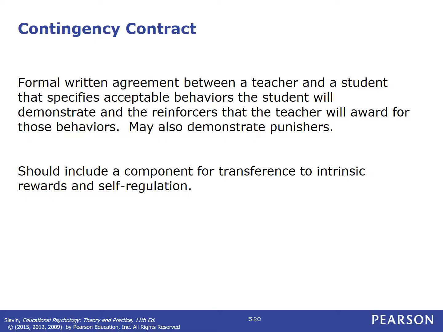A key factor is that it should include a component for transference to intrinsic rewards and self-regulation. Otherwise, as I said, the student is going to grow bored. The student will likely stop responding to the reinforcers. And we want students to come off of this so that they understand the value of those intrinsic rewards.